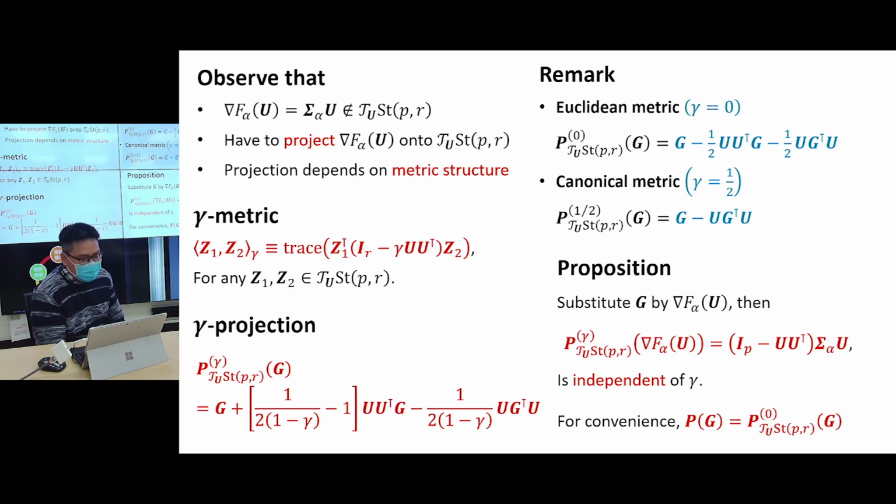Suppose we substitute G by sigma alpha U, then the projected gradient is equal to this formula, which is independent of gamma, which means it is the same for all gamma values. So we use the Euclidean metric, that is gamma equal to 0, in our following discussion.